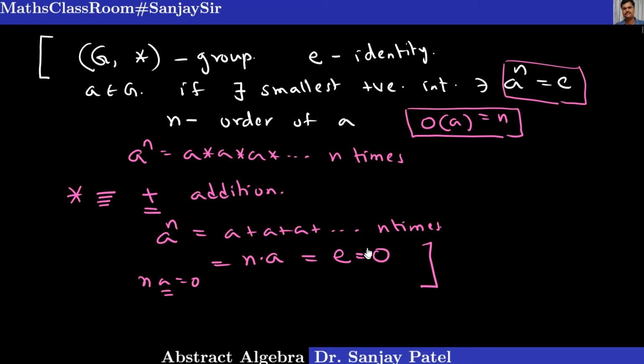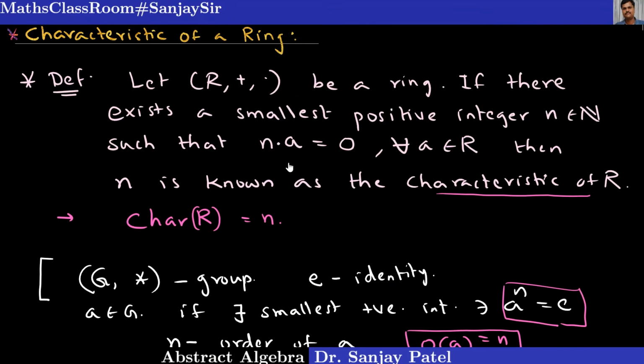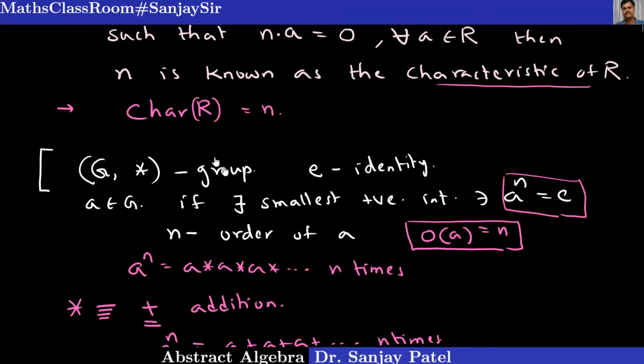So characteristic of a ring is nothing but that additive order of every element is n. Then if such a smallest number n exists, that smallest number n is called the characteristic of the ring R.